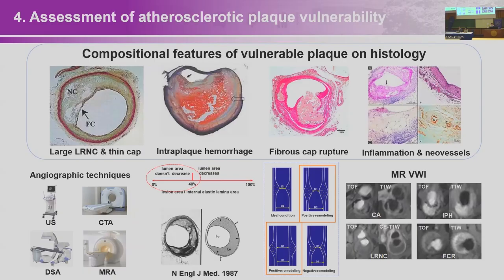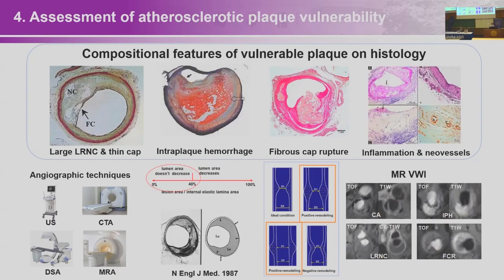It is well established that vulnerable plaques are compositionally driven by features like a large lipid core, intraplaque hemorrhage, or fibrous cap rupture on histology. So only measuring the luminal stenosis will underestimate the plaque severity due to the positive remodeling effect.